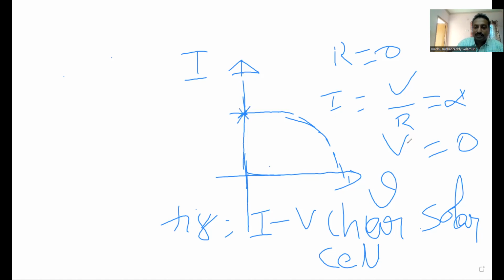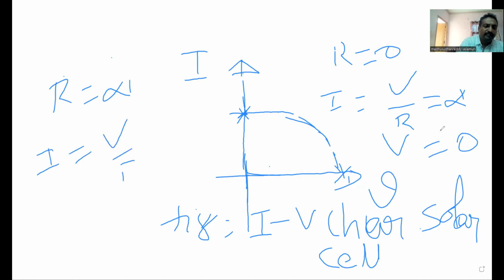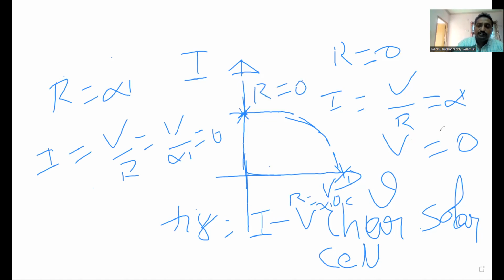Now, for example, if R is equal to infinity, then I is V by R, V by infinity, and it becomes 0. Current is 0, and this case contains VOC. So at VOC, R is equal to infinity. But in this case, R is equal to 0, and you have the short circuit current.